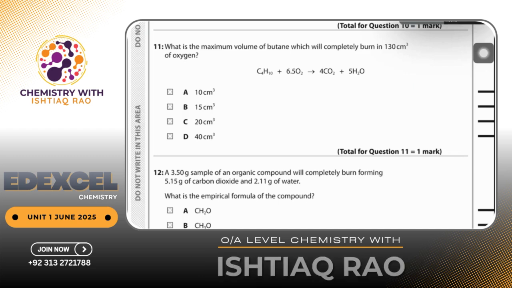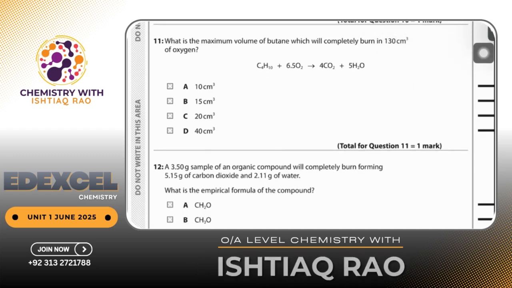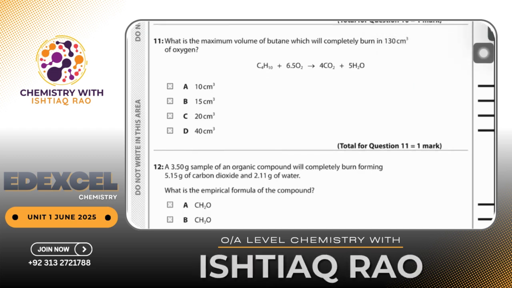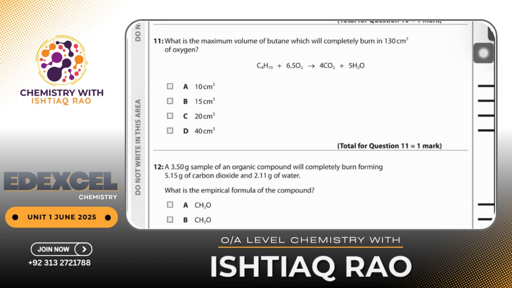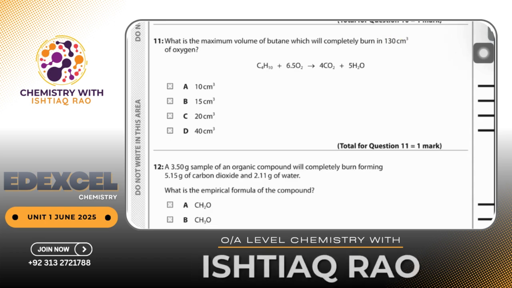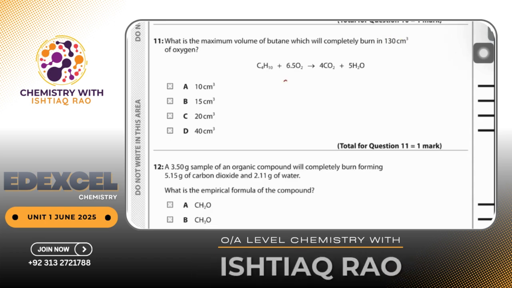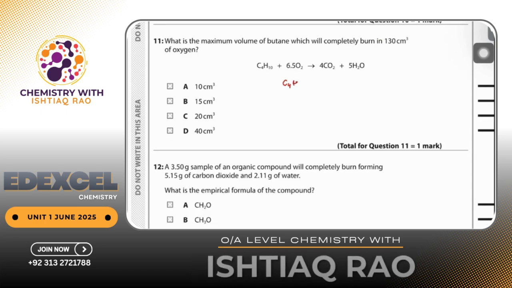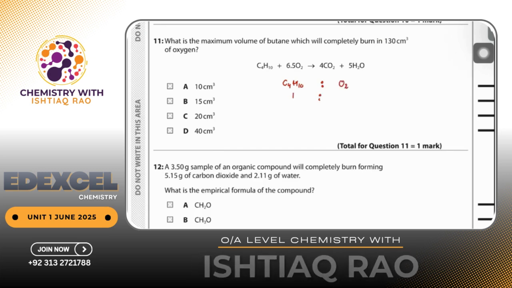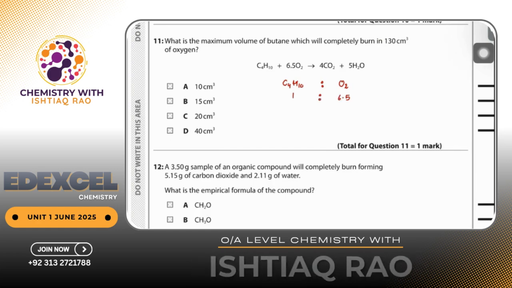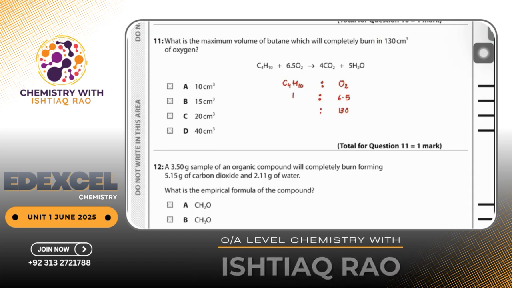Okay, let me tell you this one. What is the maximum volume of butane? They are asking about the volume of butane, and they have given you the volume of oxygen. C4H10 and O2 are in the ratio 1 to 6.5. If the volume of oxygen is 130, what would be the volume of C4H10?